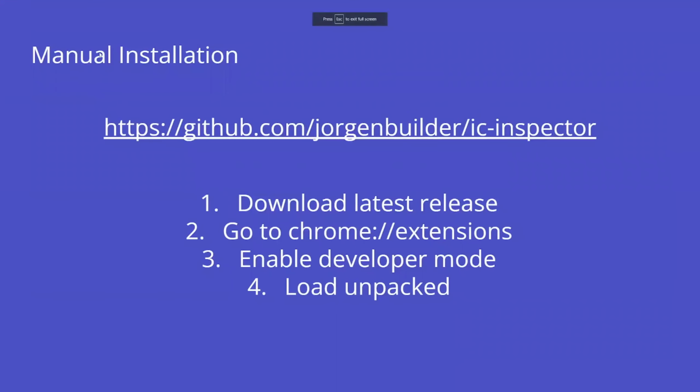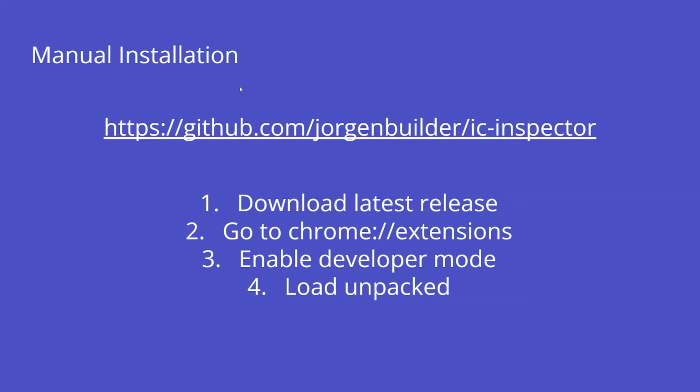You can also install it manually if you'd like to. I won't walk through exactly how to do it, but just quickly, you can go to GitHub and download the latest release. And then in your Chrome extension settings, you can enable developer mode. Then you'll see a button to load an unpacked extension, and you can just drop the release that you downloaded into that.